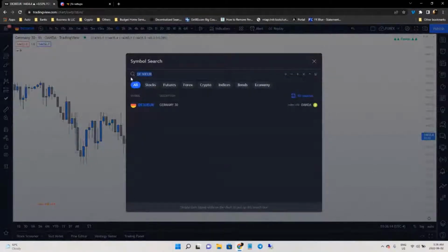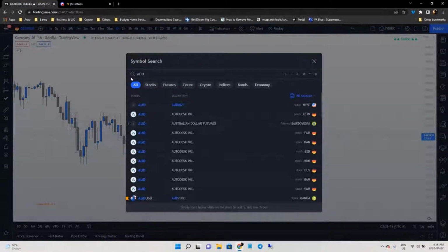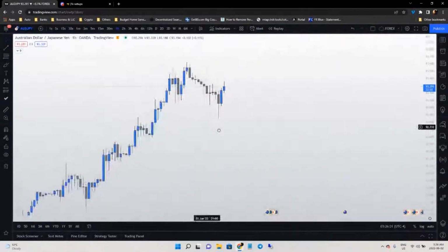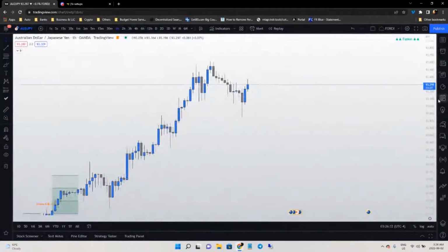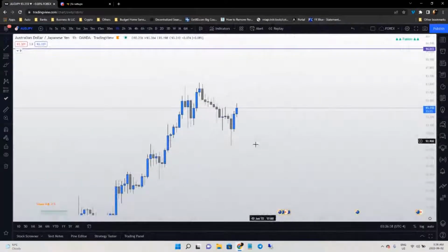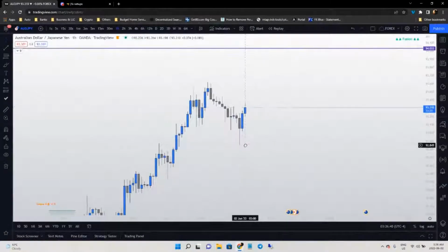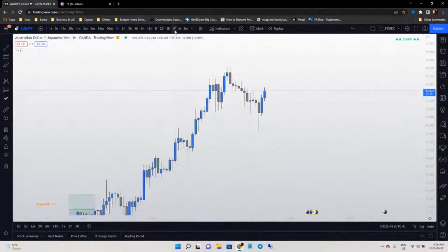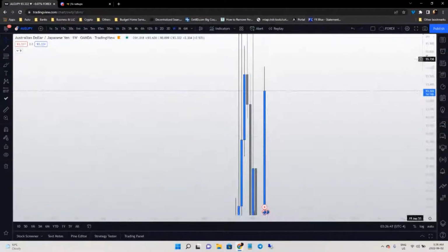So let's look at AUD JPY. I'm just gonna close that. Close. Perfect. AUD JPY, 1 hour. Perfect. Okay. So let's look at the weekly to see where we are in the market overall.